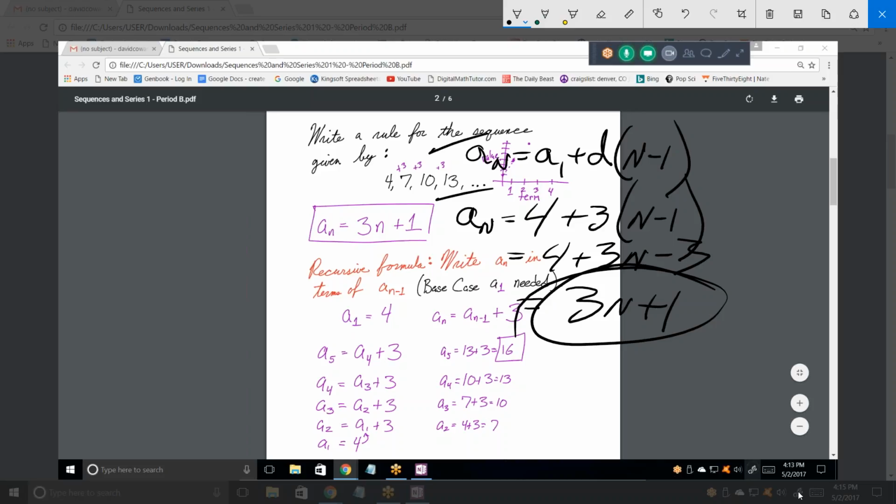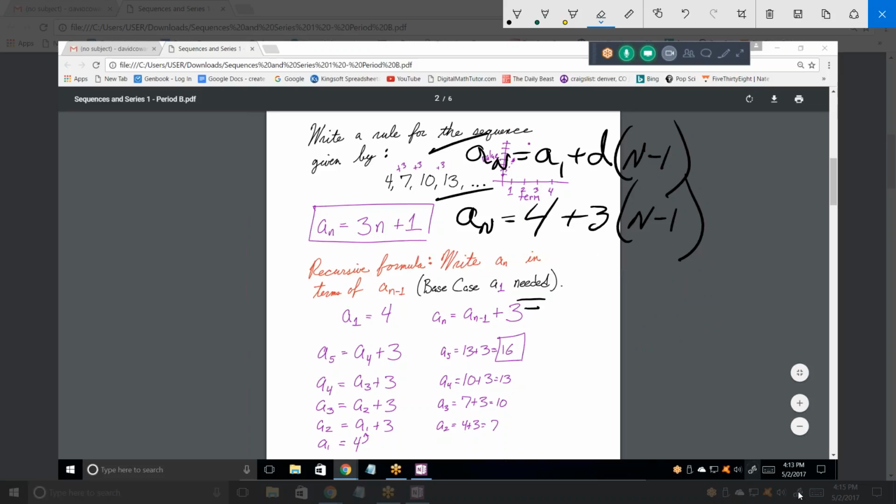Now, when they talk about a recursive formula, recursive is a way of relating the nth term to the nth minus 1 term. In other words, I'm going to define the nth term in terms of this term right there.